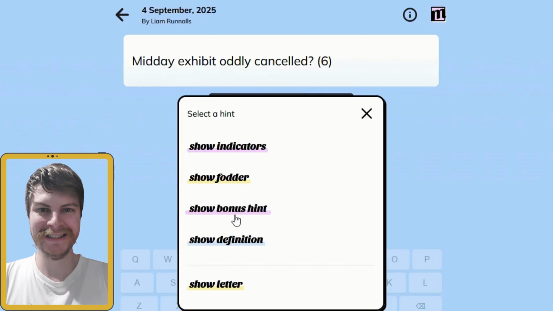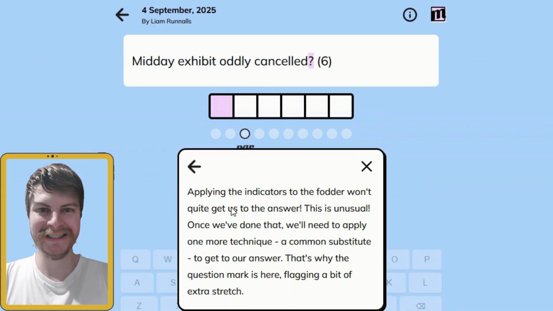Okay. Show you a bonus hint. Okay, so it's a bit of a stretch, this one, so no wonder I couldn't get it straight away.